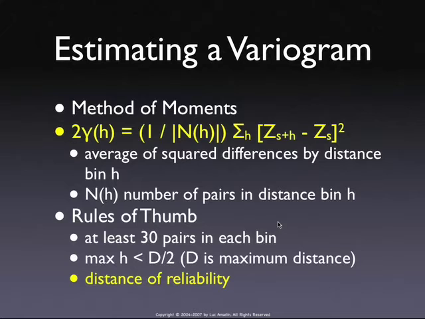Okay? That's the price you pay. So remember, we have an expected value of the square differences. How can we estimate this? Well, we already know estimating expected values is taking an average. Now, an average of what? We could take our whole variogram cloud plot and take an average of all these square differences. That would give us one number.